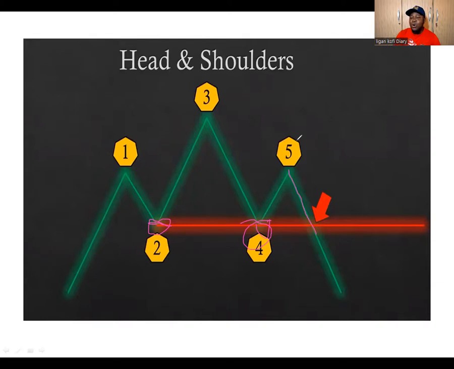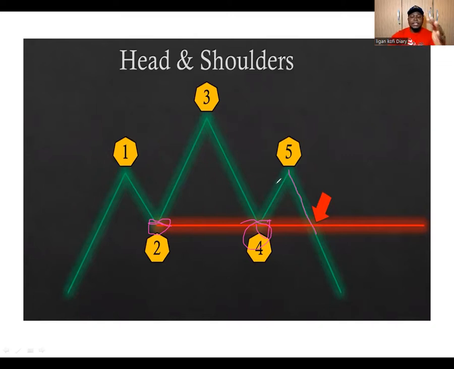There are others who call that an M formation, which is if it is from the bullish side. But if it's from the bearish side, there are those who call it the W formation. So the head and shoulders pattern can either be formed on the bullish trend or a bearish trend.